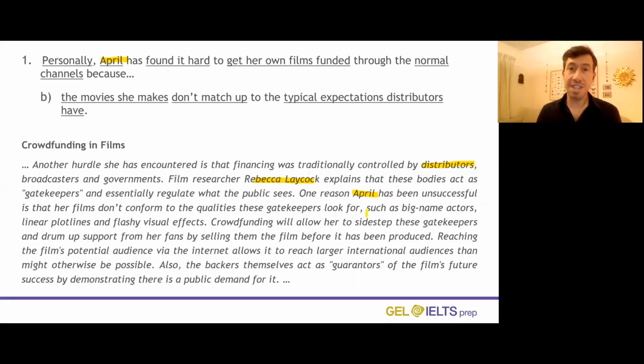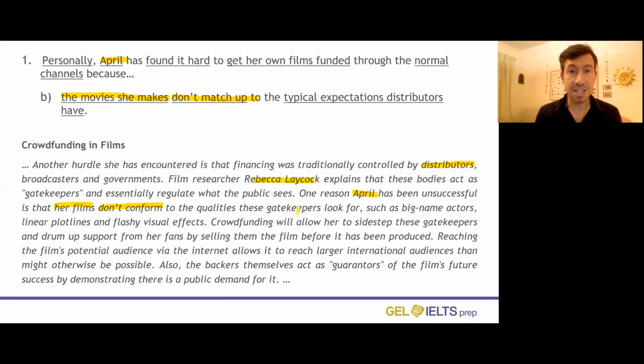So let's read this sentence carefully and see. It says, one reason April has been unsuccessful is that her films, the movies she makes, and her films, that's the same meaning. They're synonyms. Okay, so it looks good so far. Don't conform and don't match up to, that's the same meaning as well. Okay, so we've got synonyms for those two so far.